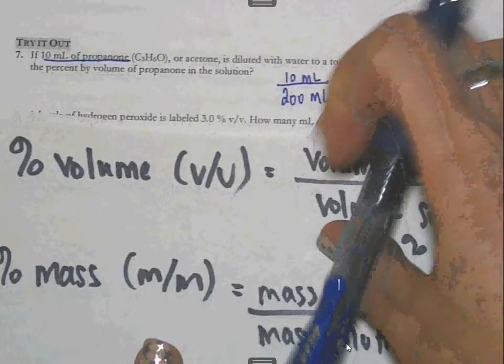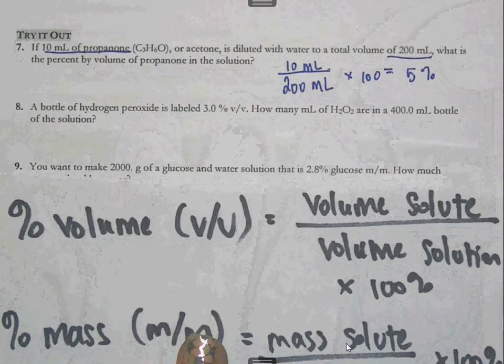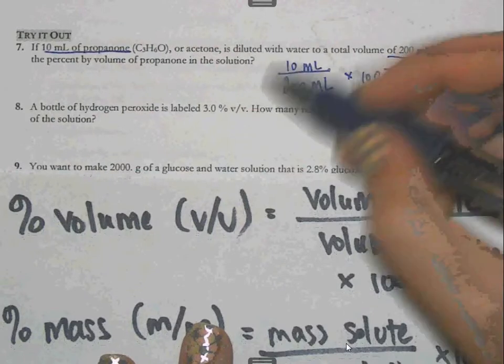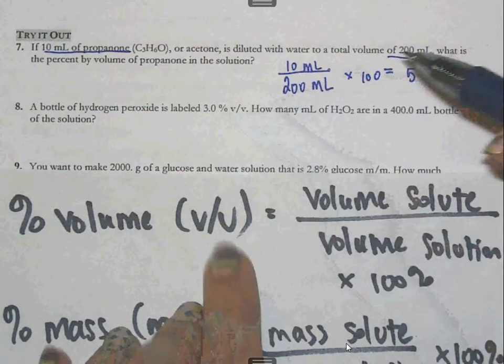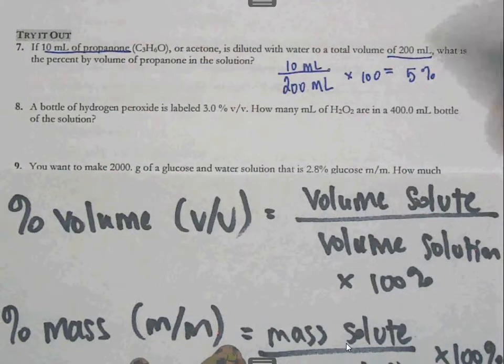The next problem says a bottle of hydrogen peroxide, like you could buy at the grocery store or drugstore, is labeled 3.0% volume by volume, which means that it's a percent volume. How many milliliters of H2O2, that's hydrogen peroxide, are in a 400 milliliter bottle of the solution?